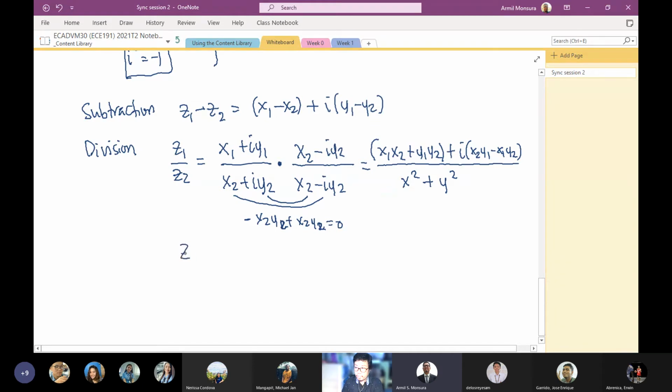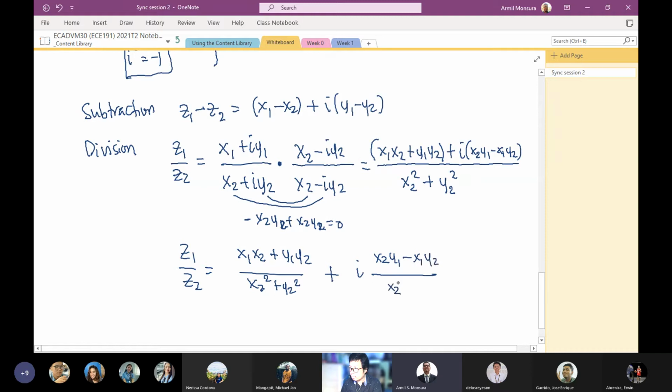Therefore, the quotient Z1 over Z2 is (X1 X2 plus Y1 Y2) over (X2 squared plus Y2 squared), plus I times (X2 Y1 minus X1 Y2) over (X2 squared plus Y2 squared).